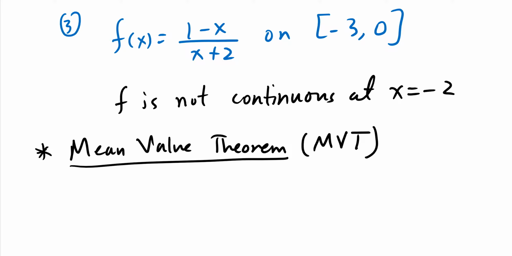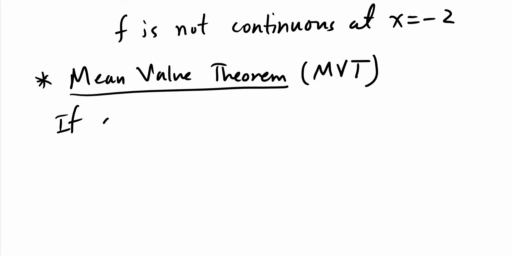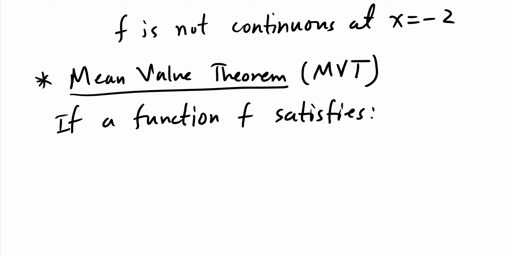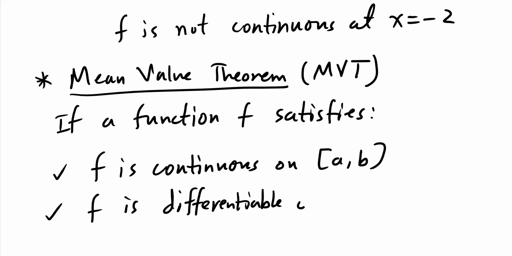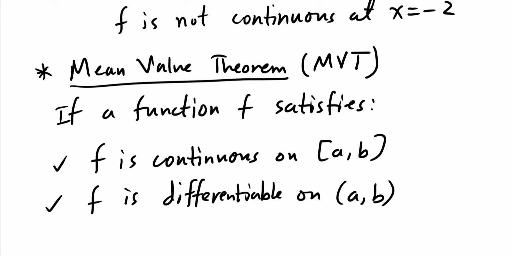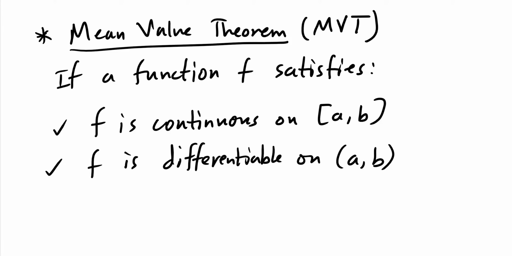So again, if a function f satisfies the hypothesis that f is continuous on the closed interval a, b, f is differentiable on the open interval a, b. Notice so far they match the conditions of Rolle's theorem. And guess what? There's only two conditions that need to be met. We don't need f of a and f of b to be equal.